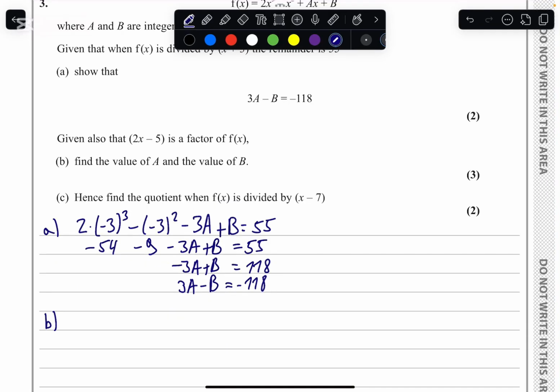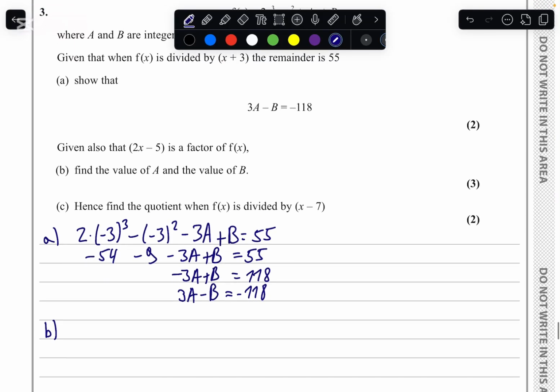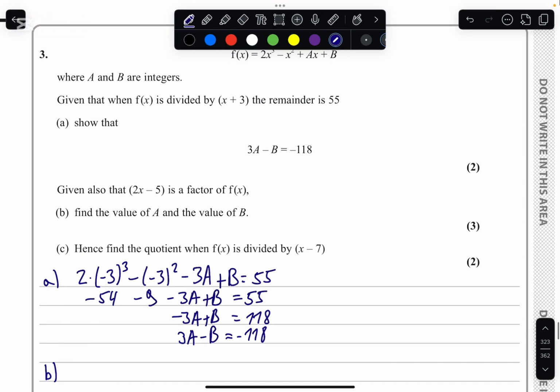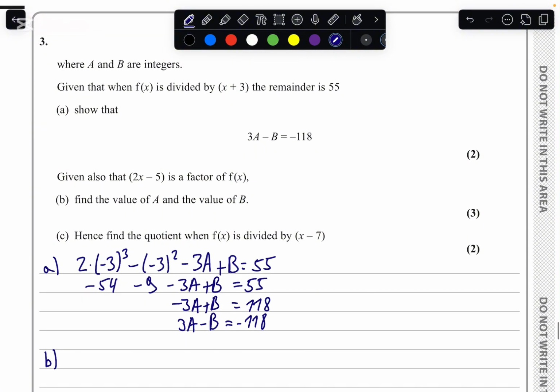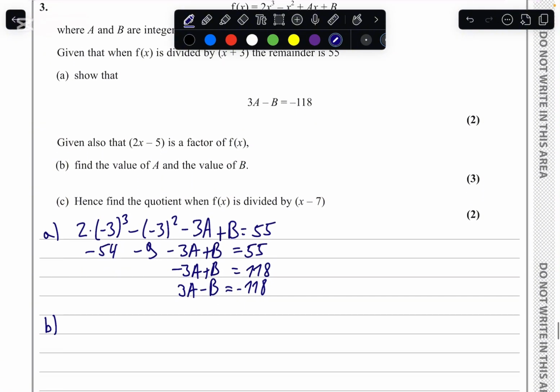Moving on to part B, given also that 2x minus 5 is a factor of f of x, find the value of a and the value of b. We can do the same thing, but setting this equal to 0, and we find the second equation, and then we can solve them simultaneously.